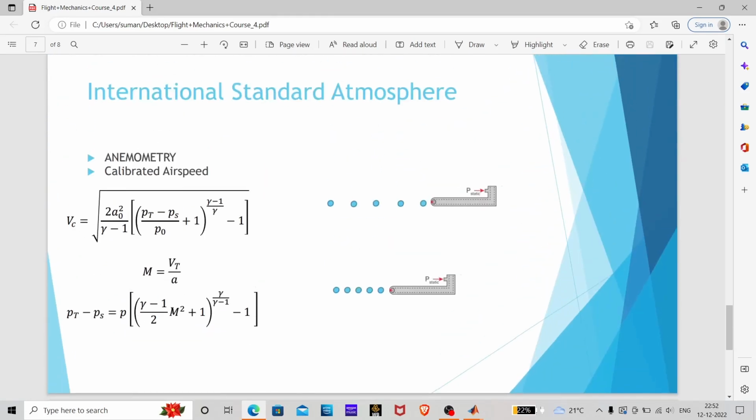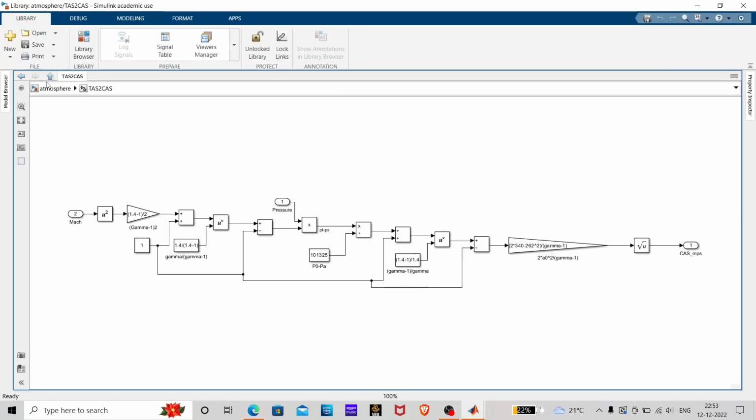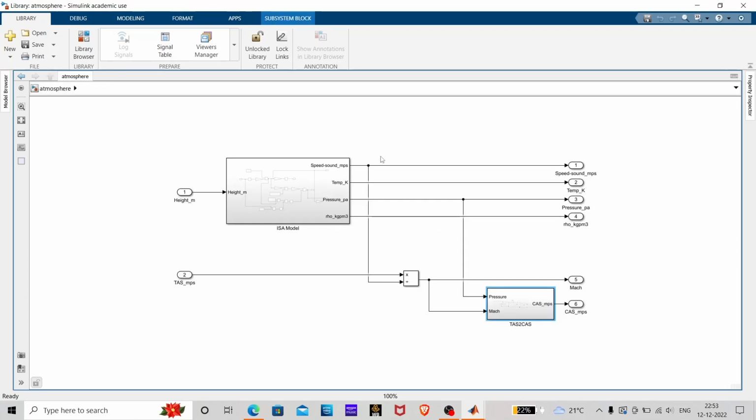This is the equation where we are inputting the Mach number and the pressure difference to calculate the calibrated airspeed. So this is our small model of the atmosphere, the international standard atmosphere. In the coming days we are going to model the aircraft which we are going to simulate in this atmosphere. Thank you.